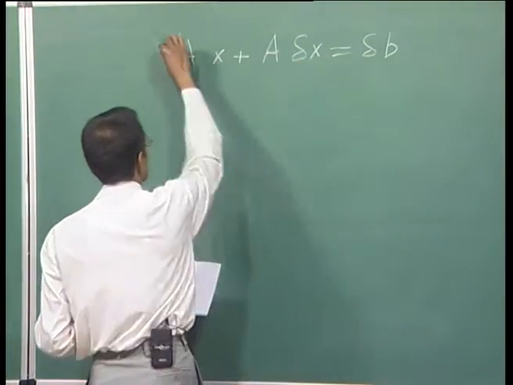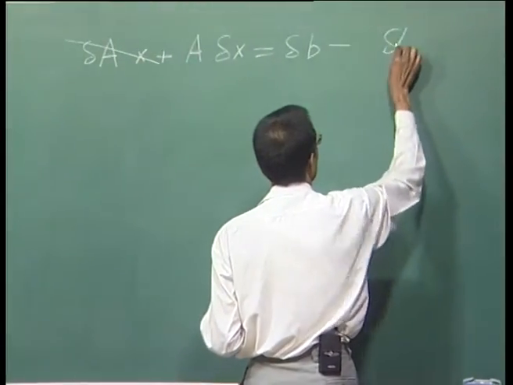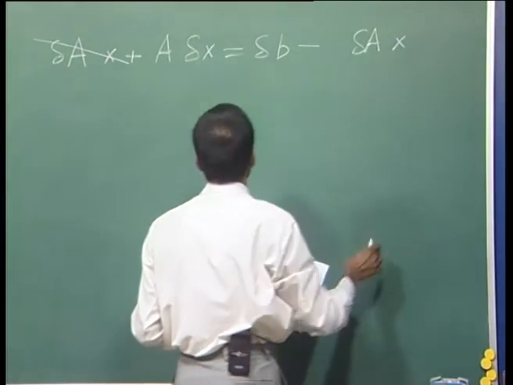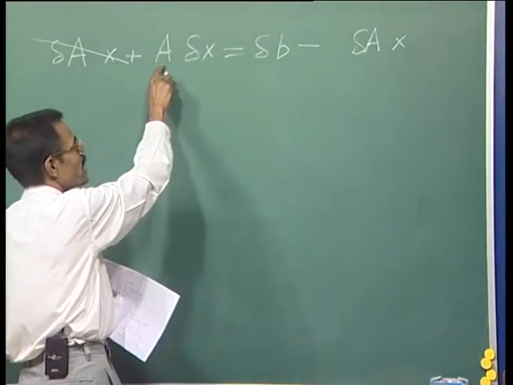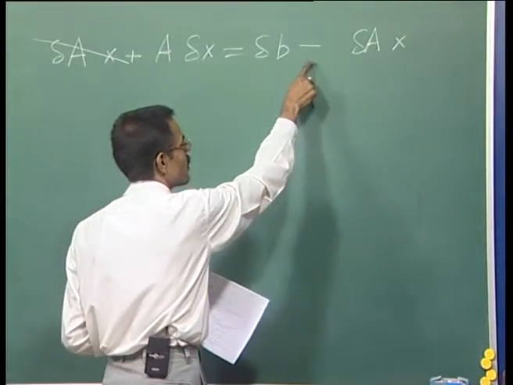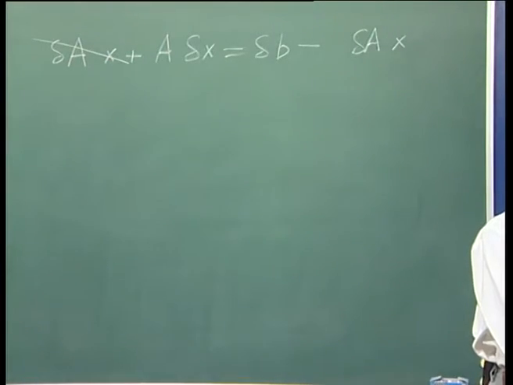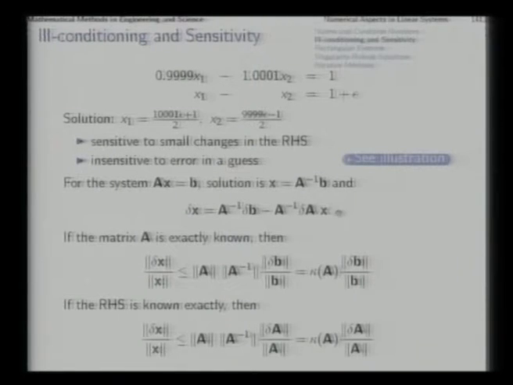and for that we take this first on the other side and then pre-multiply overall with A inverse. As we do that, we get A inverse delta b minus A inverse delta A x.